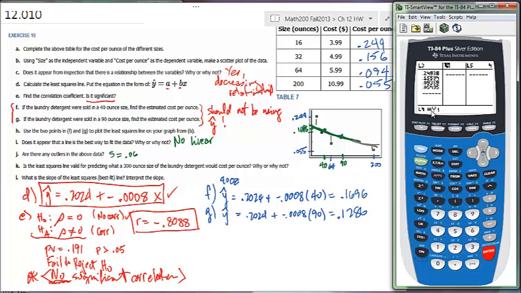So my L4 is equal to Y1, and then into Y1 I want to evaluate it with my X values, and my list of X values are in L1. So if I press enter, here are the Y values that I have when I put it into the line.